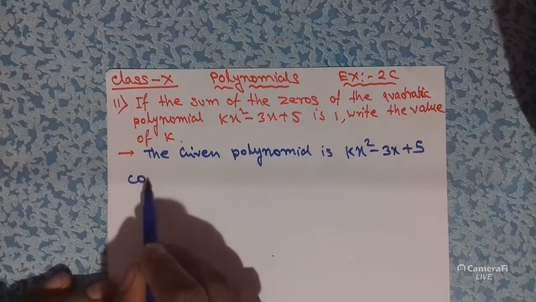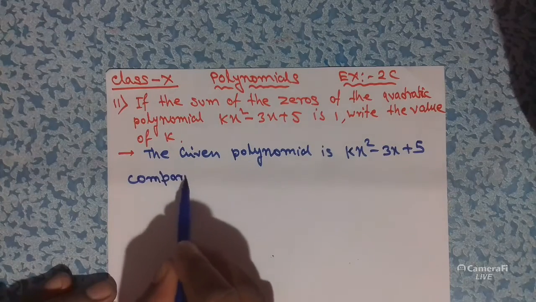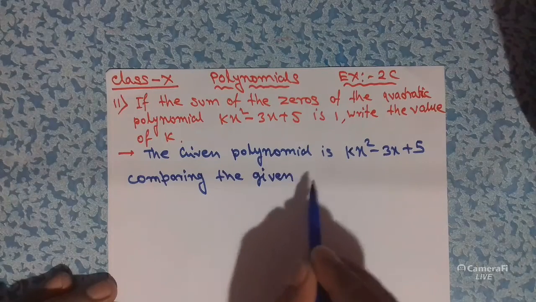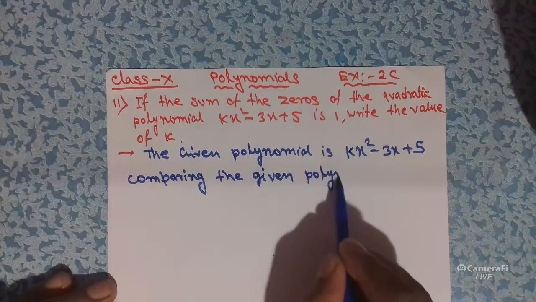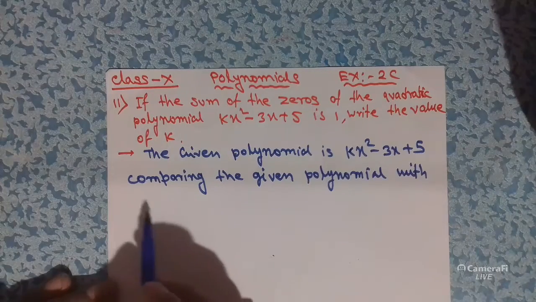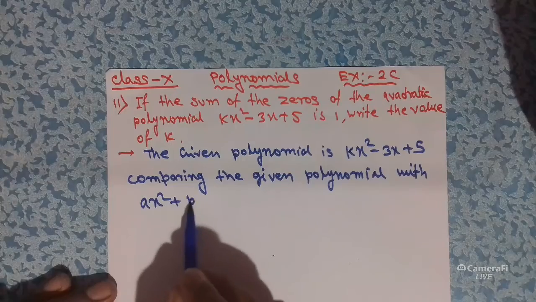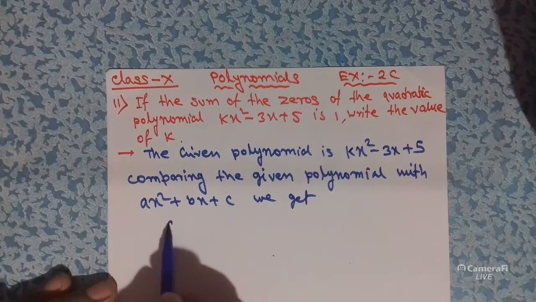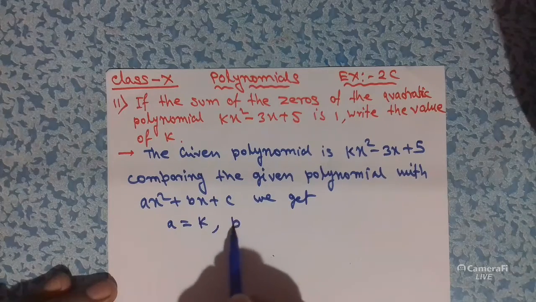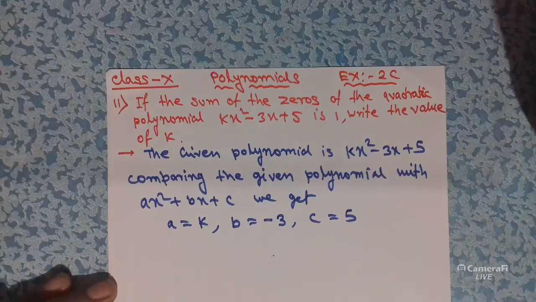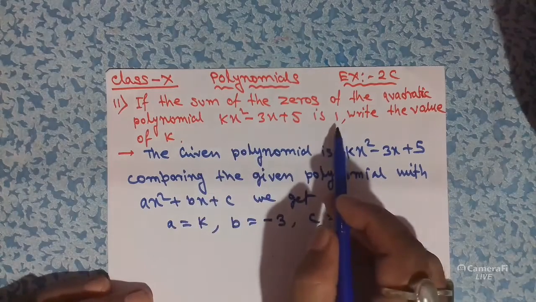So comparing the given polynomial with ax square plus bx plus c, we get a is equals to k, b is equals to minus 3 and c is equals to 5. Understood? Now it is given that sum of the zeros is 1.